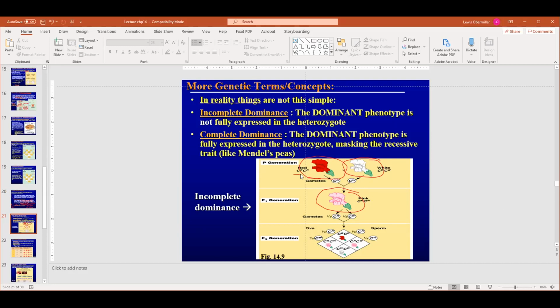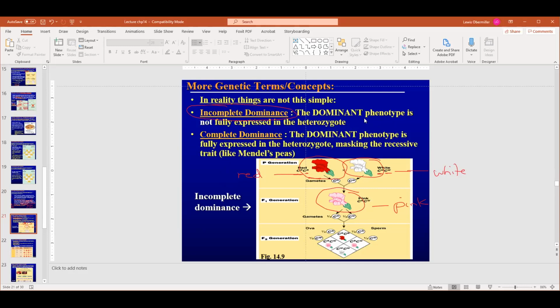So this has red and this has white alleles, right? It's really making a white pigment. It's not a default. This is really making a red pigment. So it's like mixing white paint with red paint, and in the end you get pink. So we call this incomplete dominance.